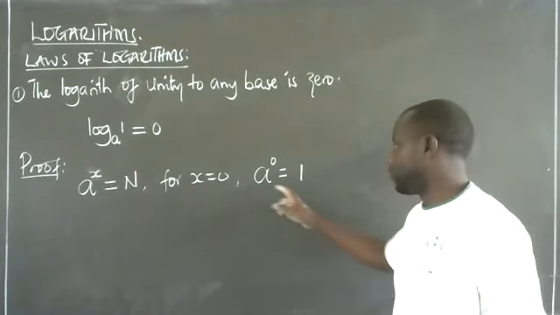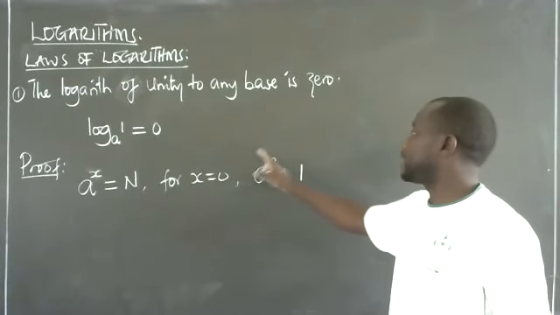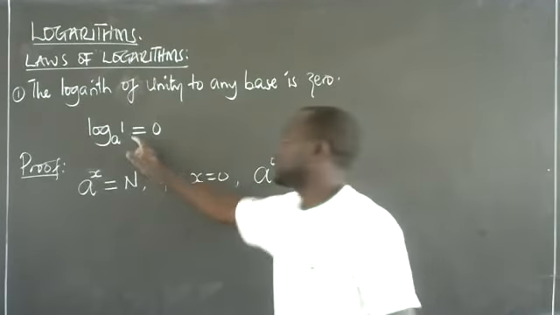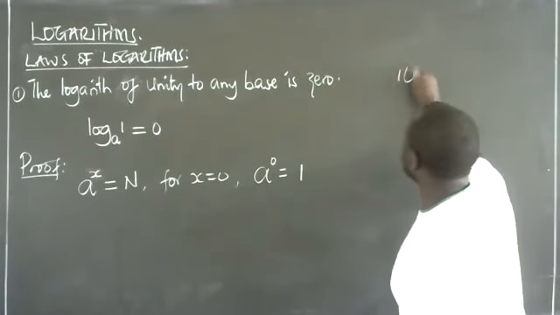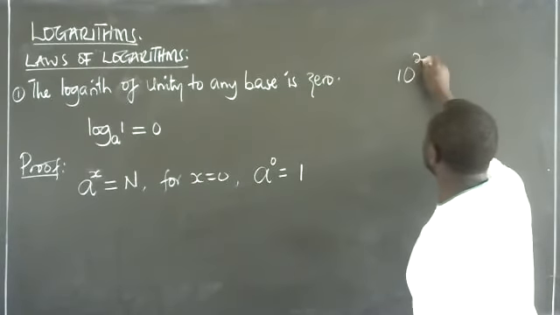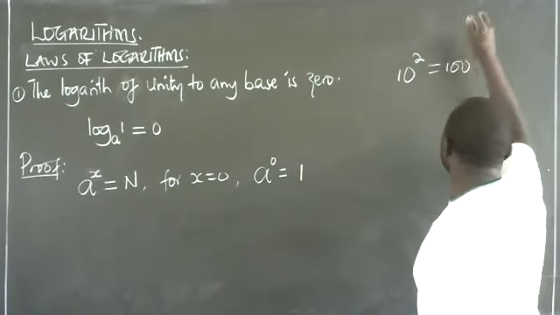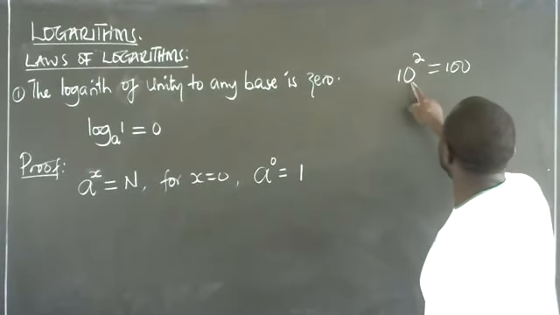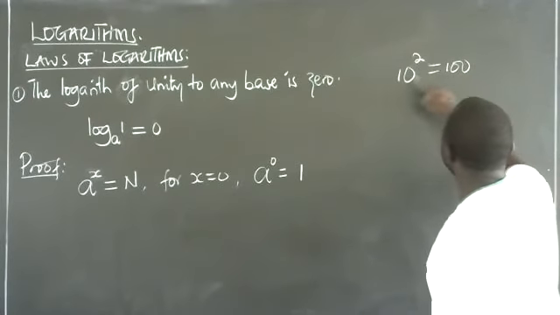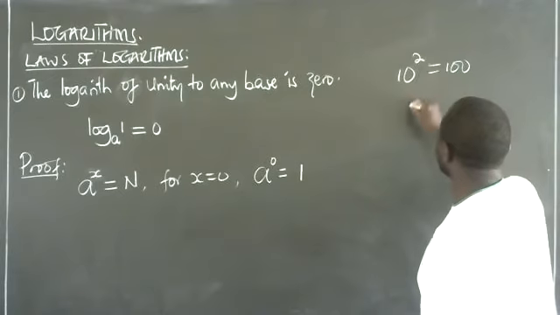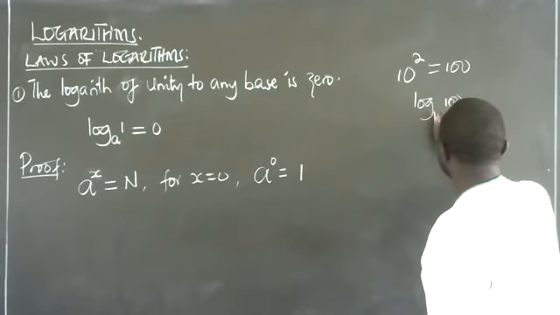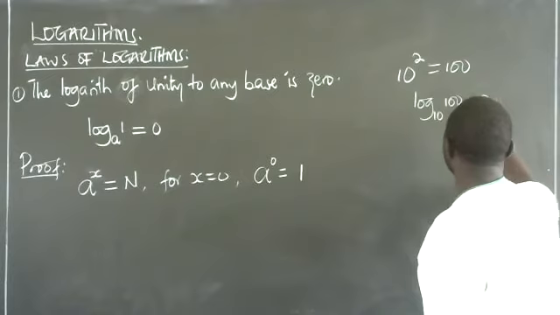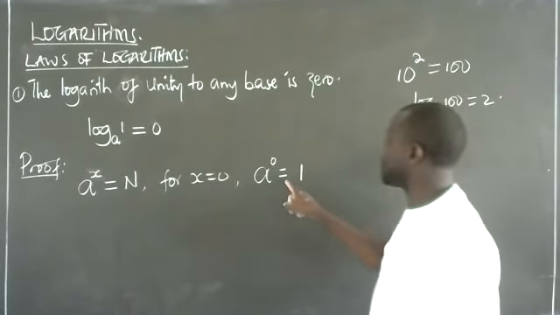Now, if this is true, can we write it in the logarithmic method, which we have just been talking about, where we said if I have 10 to the power 2 is equal to 100, this means that the logarithm of 100 to base 10 is 2. And we do the same with this one.